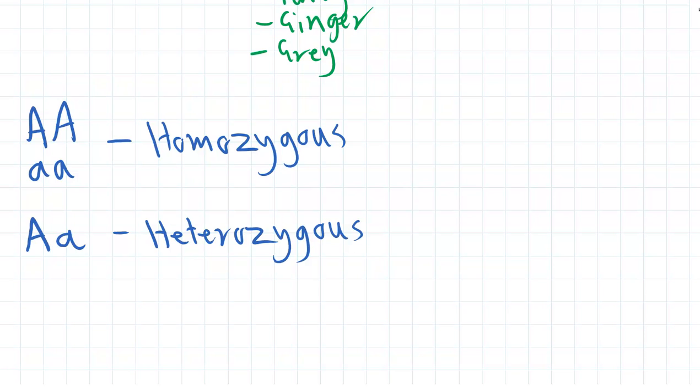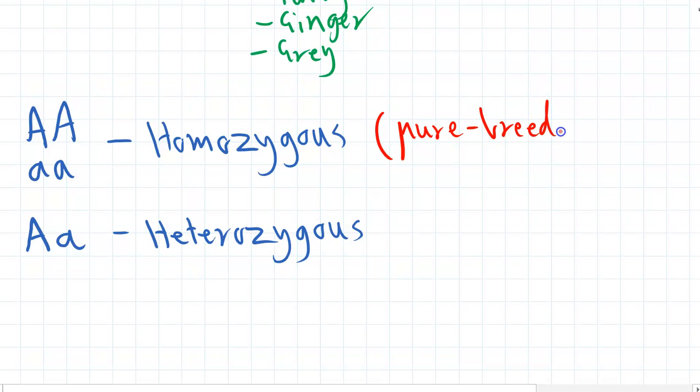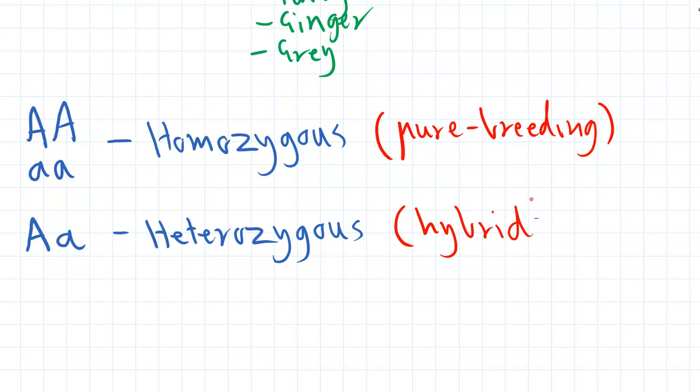The other way that scientists can describe homozygous is to say pure breeding. And the other way of saying heterozygous is to say hybrid. Basically because it's a hybrid of the 2 different alleles.